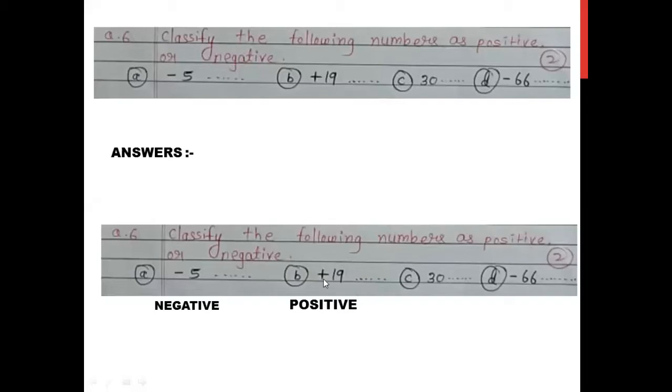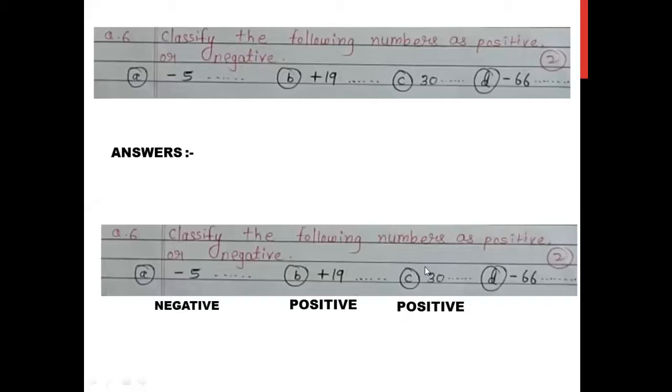So 19 is the positive number and the minus sign means a negative number. Okay. Next number is 30. It does not have the plus sign, but this is a positive number. 30 is the positive number.